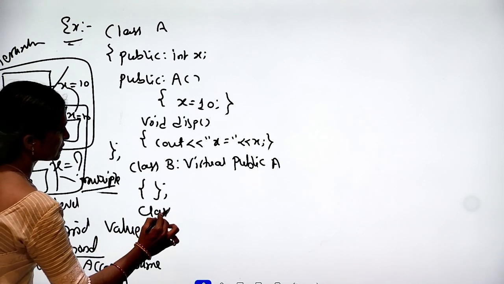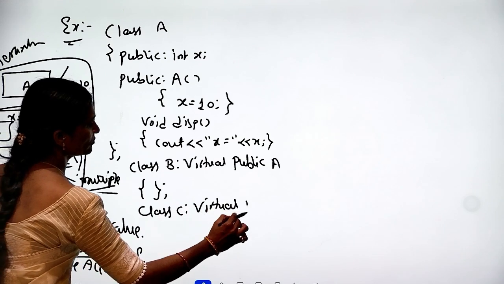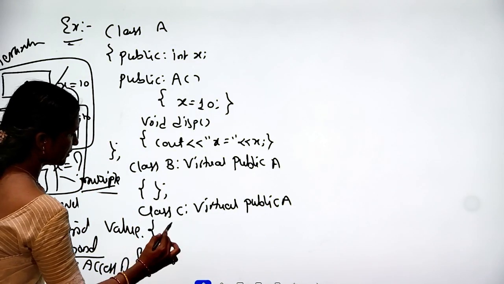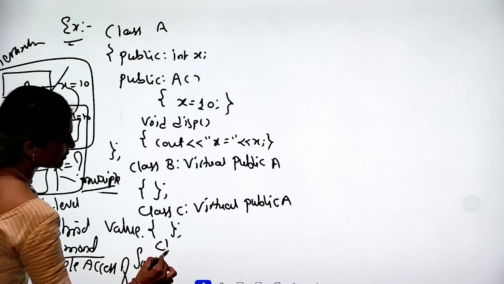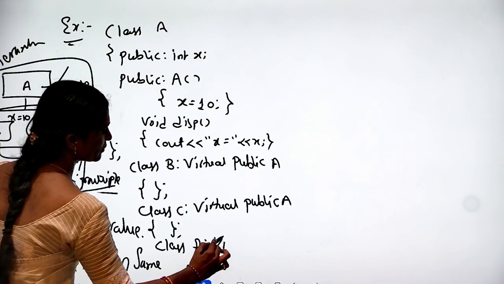Then class C, again I'm inheriting virtually public. C is also inheriting from A. Okay, and this is also closed. Now I'm taking class D, which is going to inherit. It's multiple, virtual public.